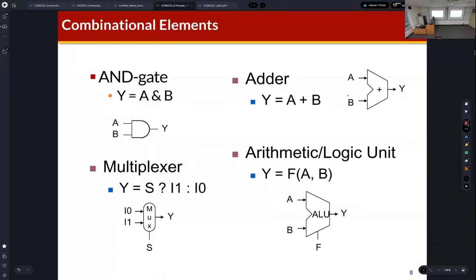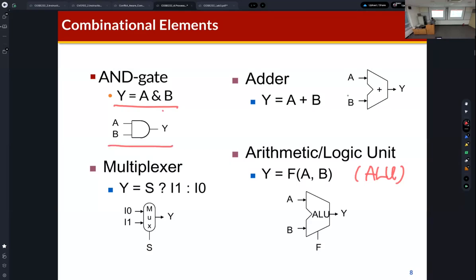Okay, let's see examples of combinational elements: AND gate, adder, multiplexer, and arithmetic logic unit, which is the ALU. So what is the AND gate? This is the logic equation: y equals a logical and b, and this is the symbol.